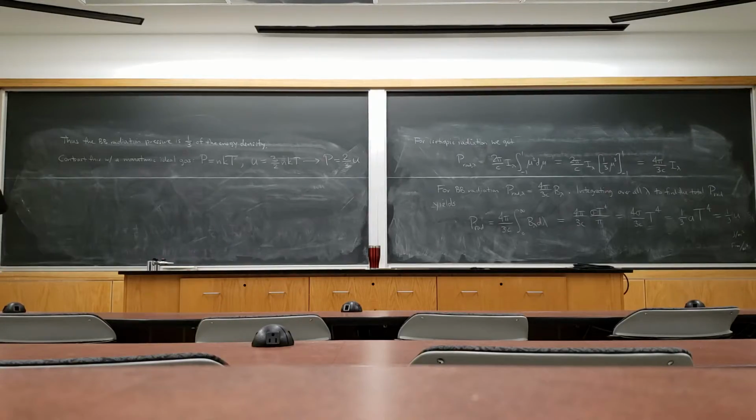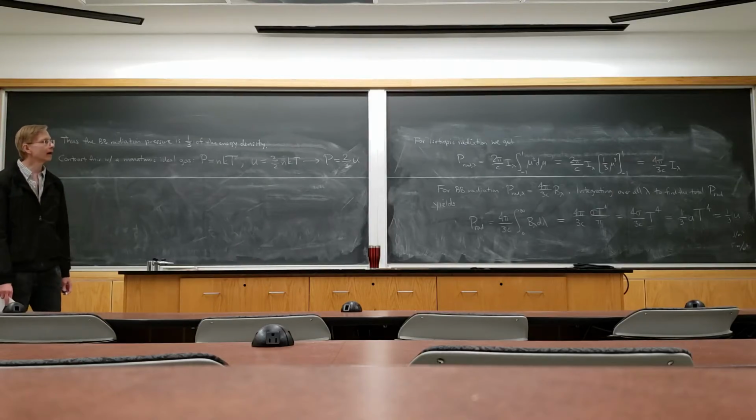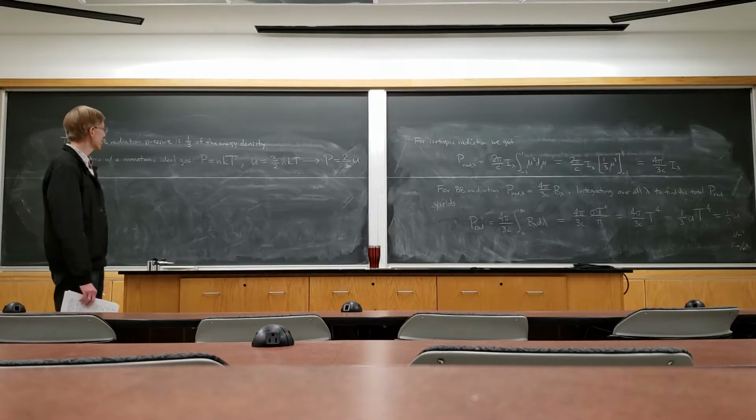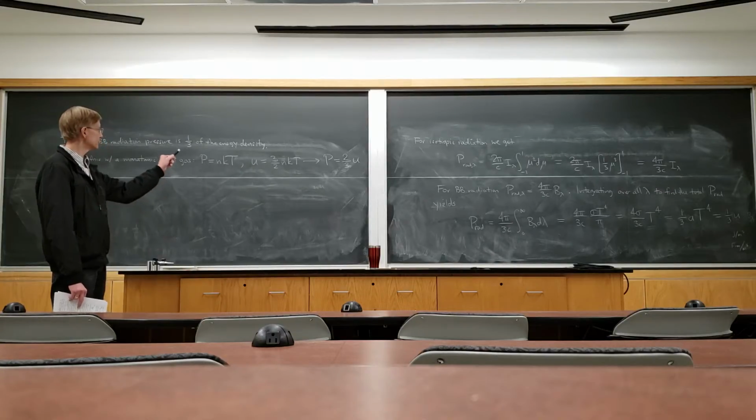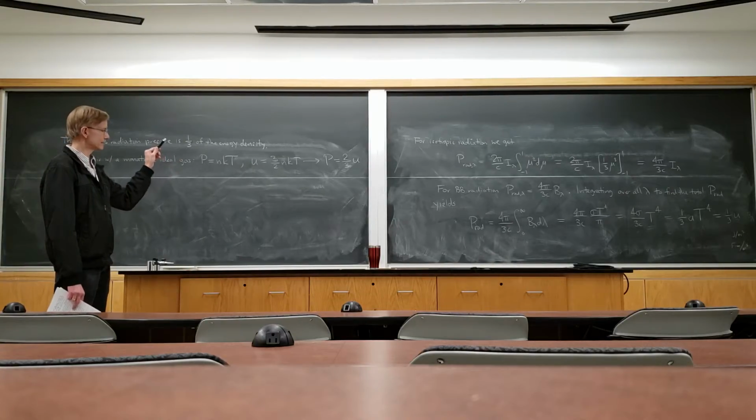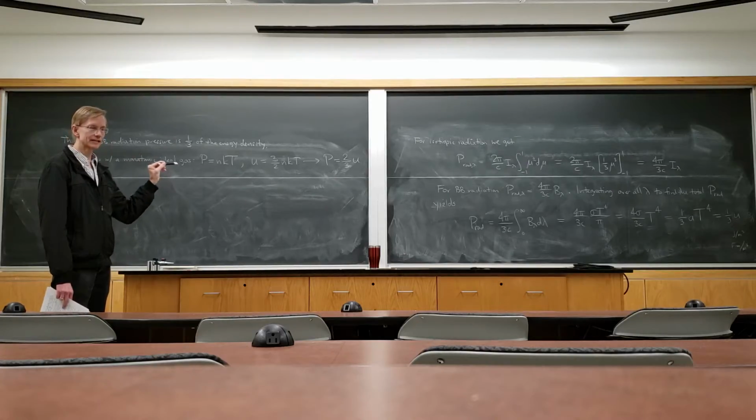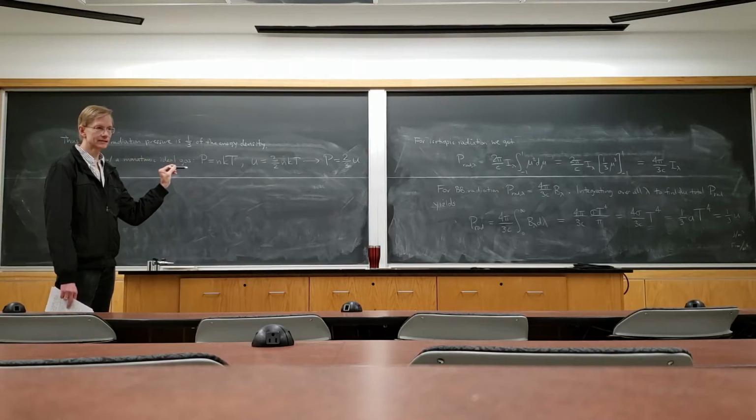And if you add them up, the total pressures. Can you do that? Sure, the total pressure is the sum of them, but you have to be careful because the U there is not the radiation energy density, it's the gas energy density.